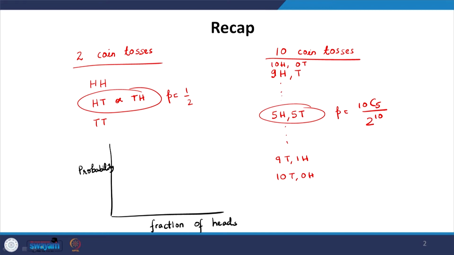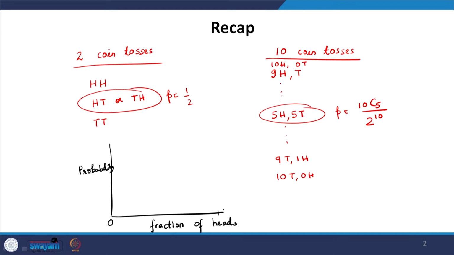And clearly the fraction of heads should be between 0 to 1, either you have no heads or you can have all heads, or you can have any number of heads in between, which will correspond to a fraction between 0 to 1.